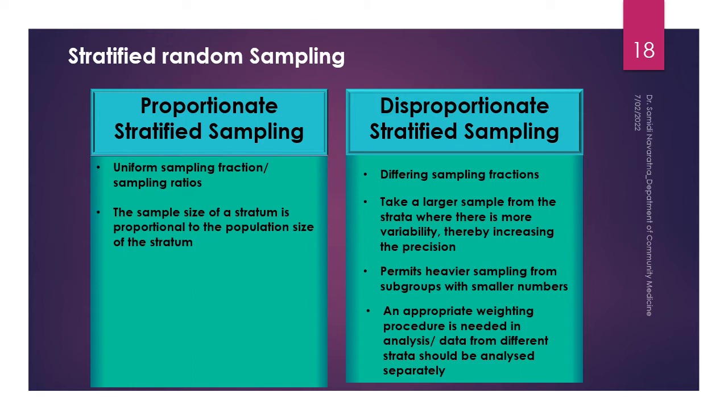It may not be proportionate to the number of study units in that stratum, but it will give you the opportunity to study these rare or smaller numbers of individuals in the population.